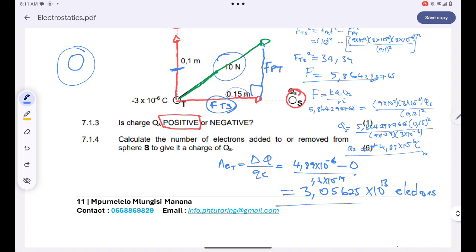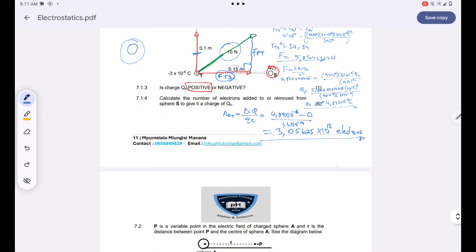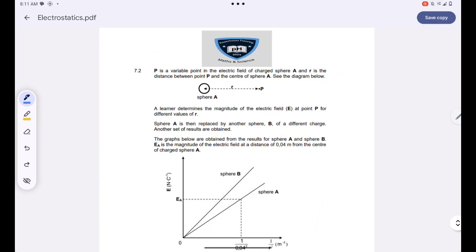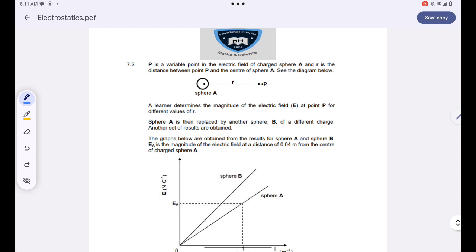I did not round off this answer. This is the total number of electrons that were removed. Okay. And then now we are told that P is a variable point in the electric field of charged spheres A and R.